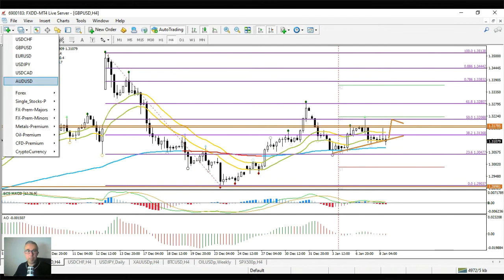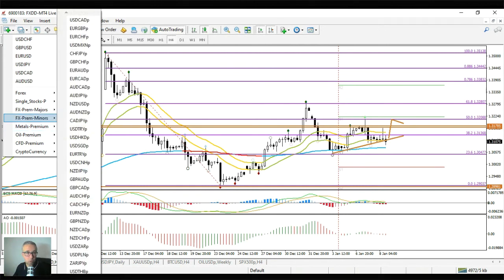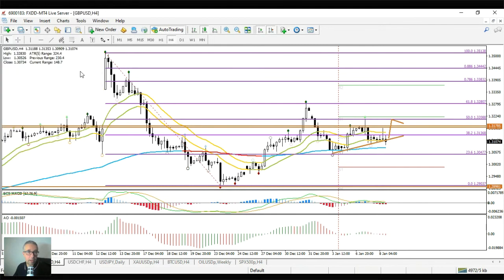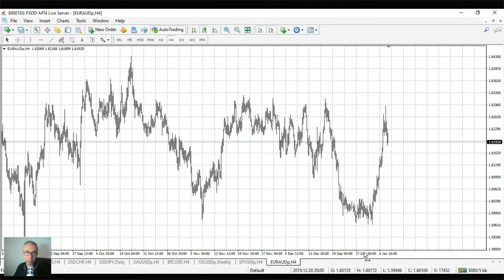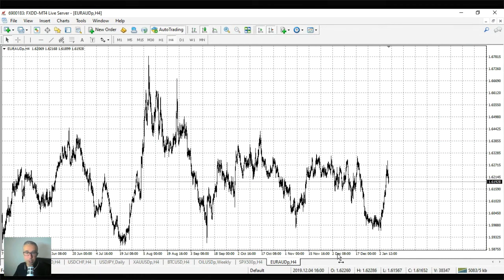All right. Other than that, for the moment, I think that from, let's say, more cross currencies, I would say that at this moment, Euro Aussie and Pound Aussie are looking more interesting, perhaps, although a mixed picture there too, to be honest.